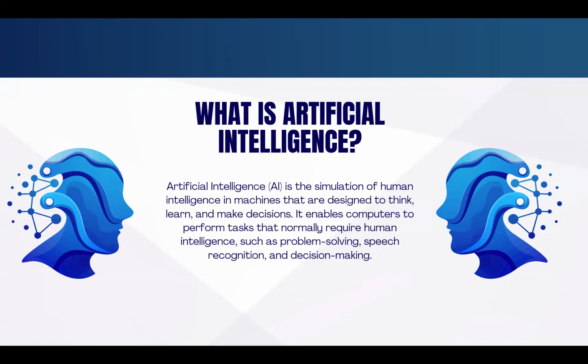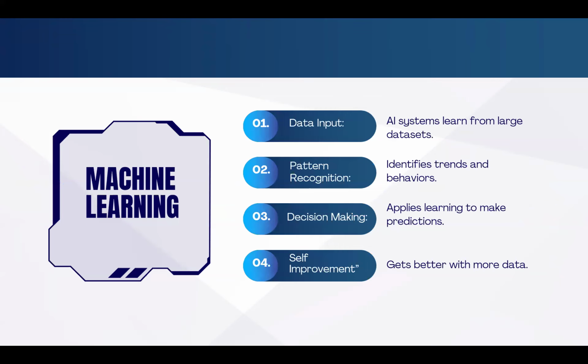Like the way we think, the same way the machines will be thinking, and it will help us to solve our problems. It will help us to recognize speech, as well as it will help us to make decisions as well.